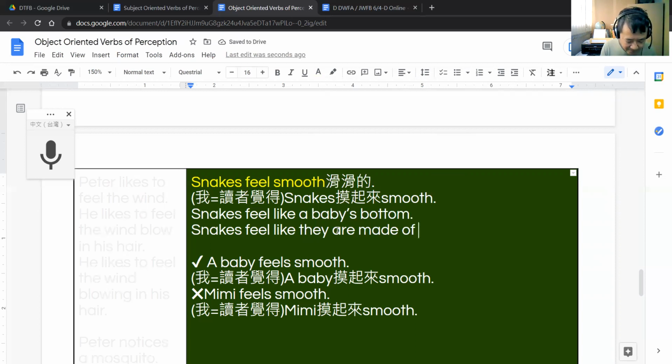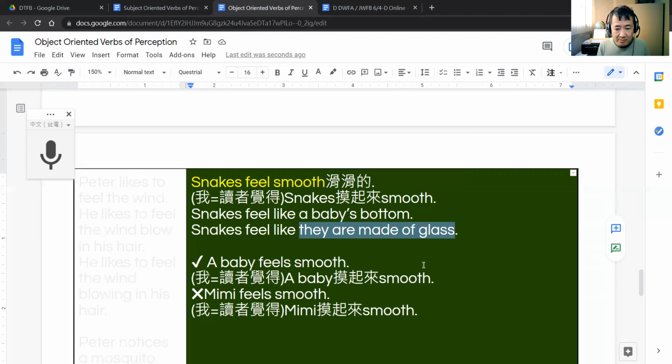I don't know. Is that a good example? No. Right? Okay. So snakes feel like they are made of glass. 它们是玻璃做的. Let's say. All right? So snakes feel like, and then whatever sentence you want to say.